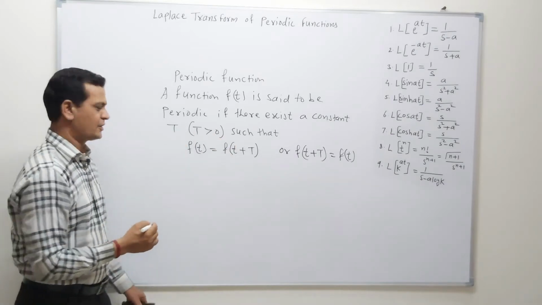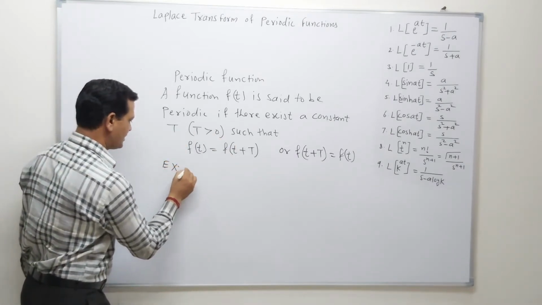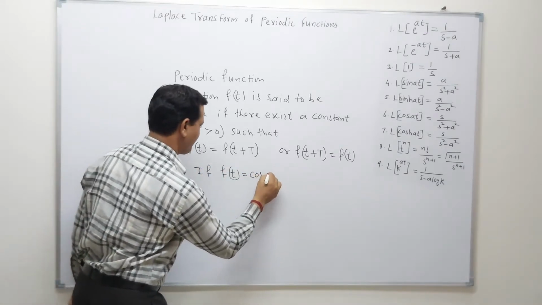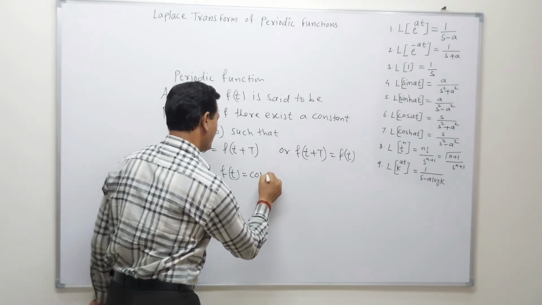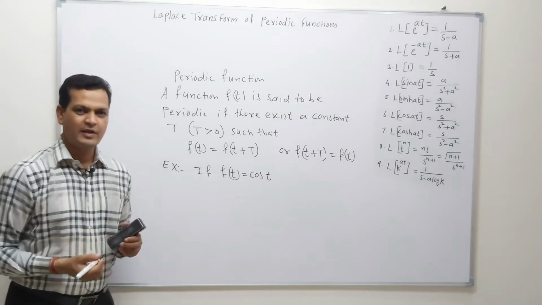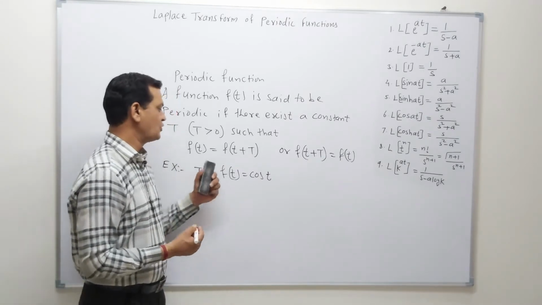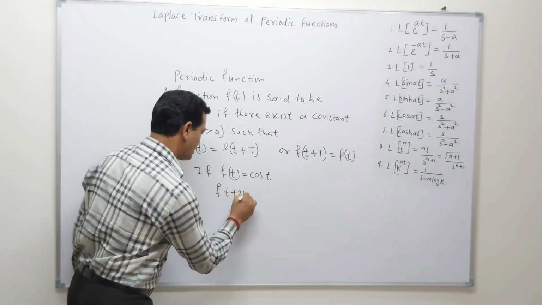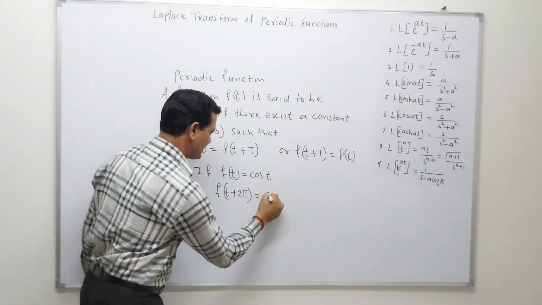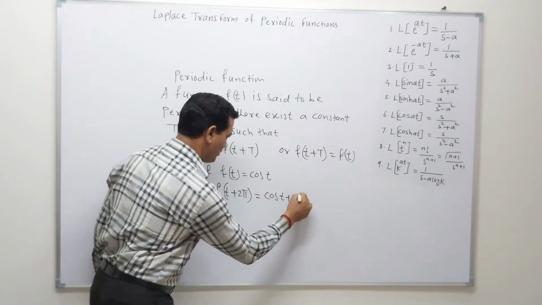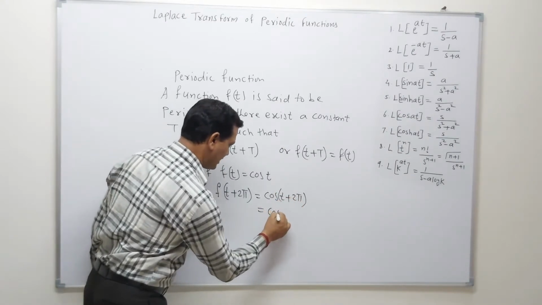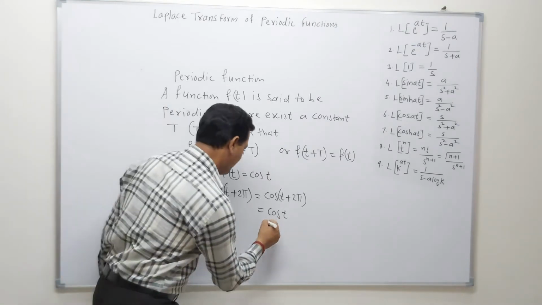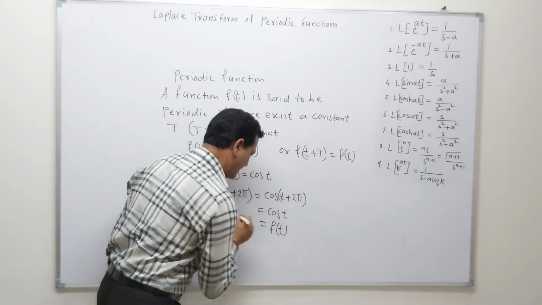Now to understand this periodic function, let's take an example. Suppose f of t is equal to cos of t. Check whether f of t is periodic or not. If we replace t by t plus 2 pi, we can write cos of t plus 2 pi, which is the same as cos of t, which is the given function, the value of f of t.